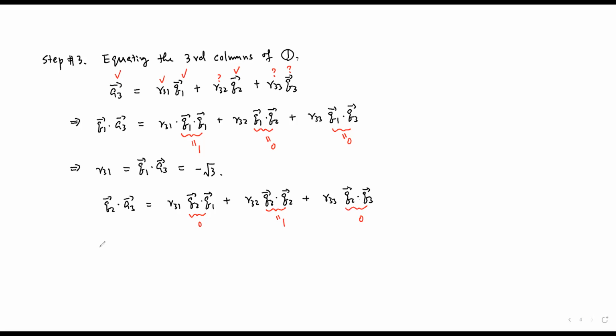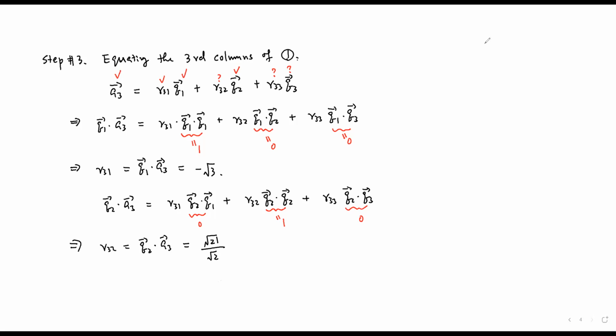So therefore, we have R32 is equal to Q2 dot A3. I know Q2 from the second step, and A3, the third column of the matrix A, so it is computable. R32 is square root of 21 over square root of 2.